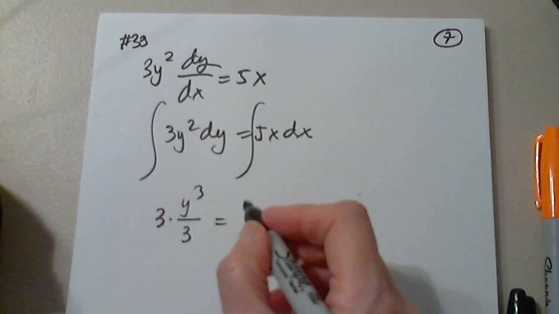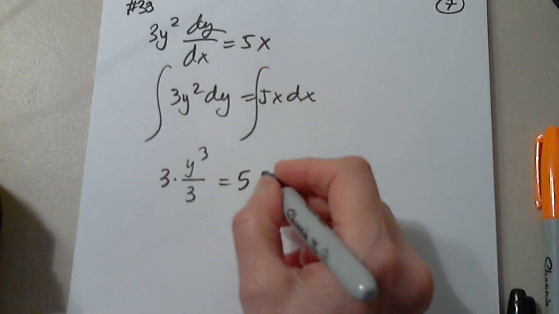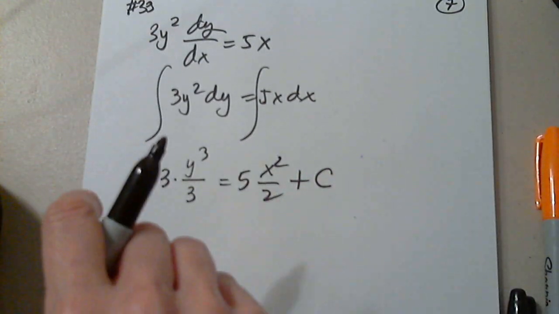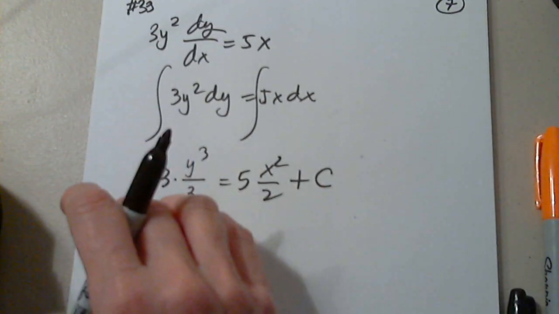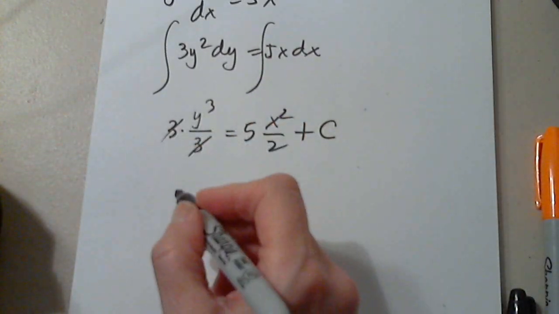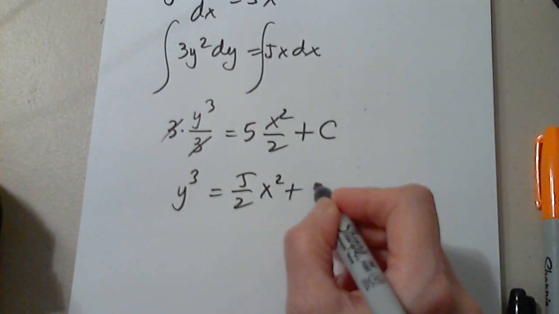That's it. Perfect. Which function prime is 5x? 5x squared over 2. Very good. And we only add one c. Why? We should have c on both sides, but we can combine the c's into one and put the c on one side. So we have y cubed equals 5 halves x squared plus c.